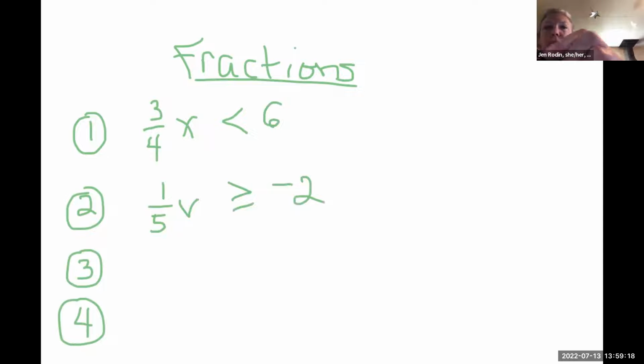That can have a negative on it, I'm not going to mess with that. It's just the thing with x that I'm looking at. If that has a negative on it, I'm going to have to do that thing that we were just doing.